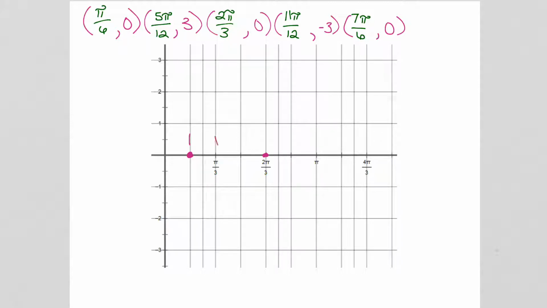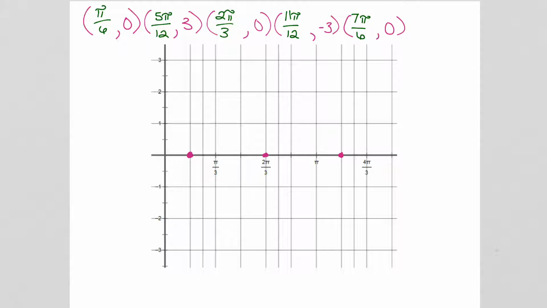Here's 1, 2, 3, 4, 5, 6, 7. There it is. 7 pi over 6, 0.